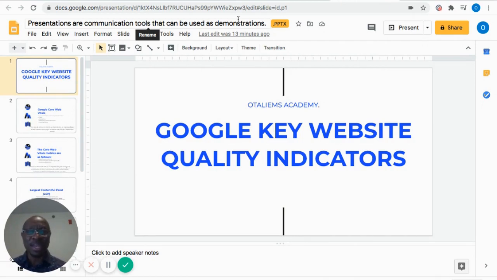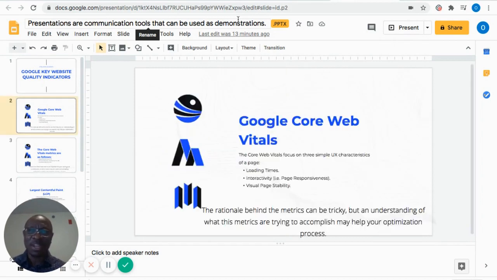We're going to look at some of these updates today and how they impact your site SEO or your website visibility. It is called the Google Core Web Vitals. What are these vitals? It means they are very essential for your online visibility. And we're going to discuss that today.